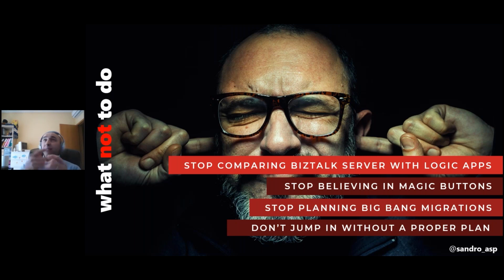So it's not one technology or one service. It's a bunch of services that we are going to use in different ways and combine together. Again, this is about setting the correct expectations. If I go to a customer and say I'm going to migrate your BizTalk to Logic App, and my client says, yes, awesome, do it. And then I start saying, oh, you need to buy API Management.